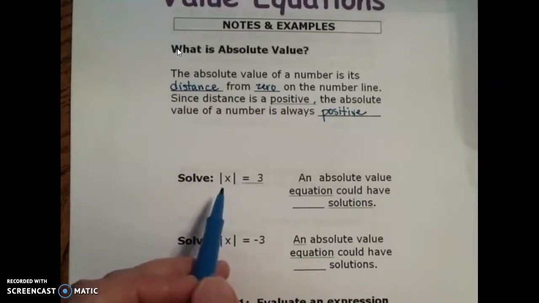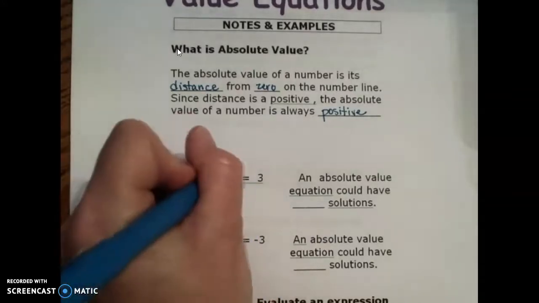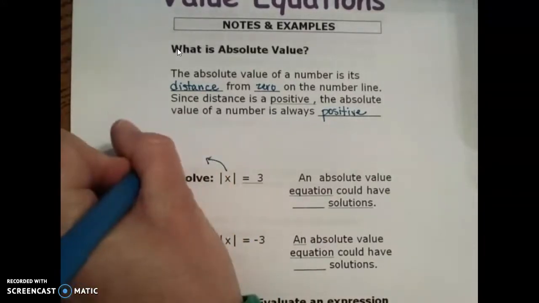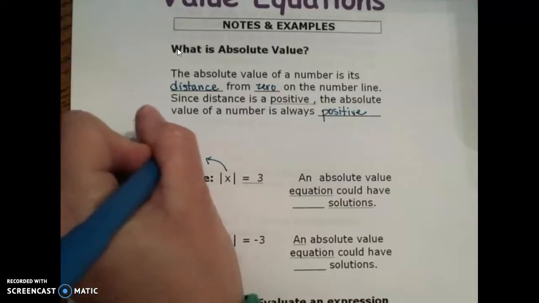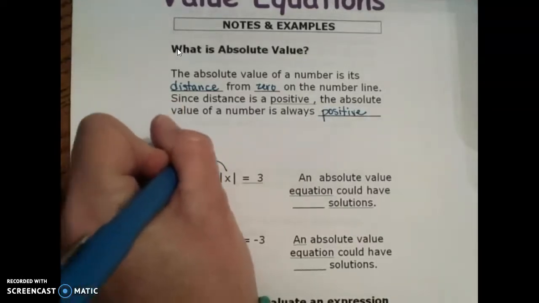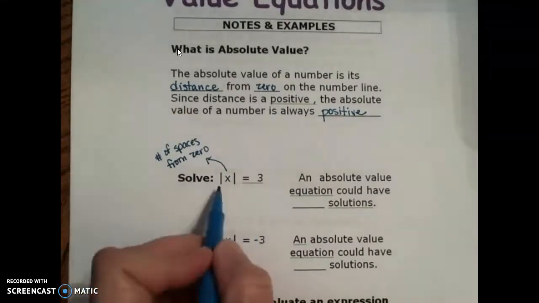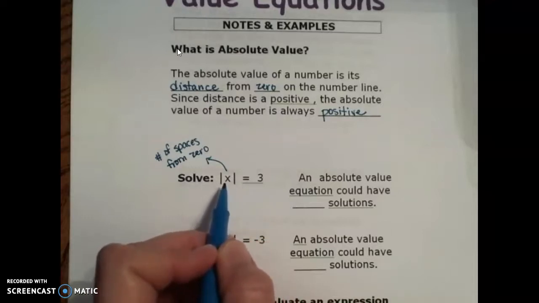It says solve the absolute value of x equals 3. Just think about it as the number of spaces from 0. So there's two numbers that I could actually put in place of x here. If this is the distance from 0 on the number line, that's 3 places.